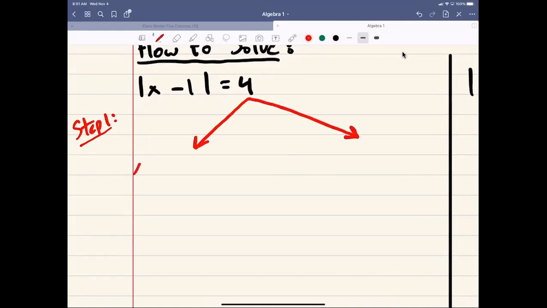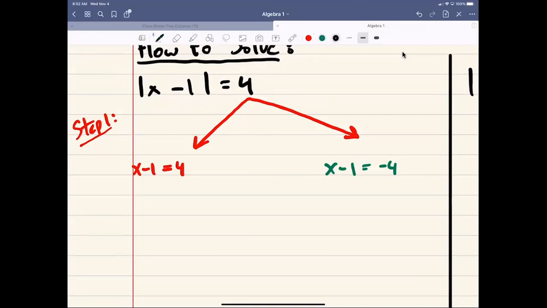You're going to have x minus 1 equal to 4, so you keep this as is. But for the next one, you write x minus 1, keep this number, but turn it negative, so it equals -4. You're just going to have to trust me on that. There's a reason why we do this, but for time's sake, we're going to explain it in class, not in this video.